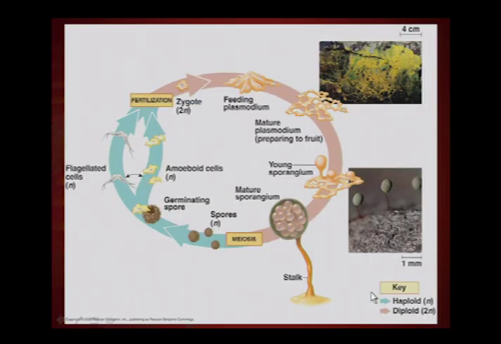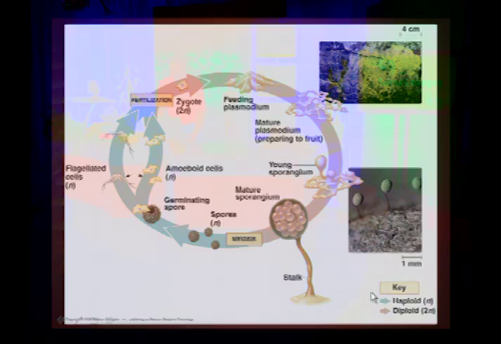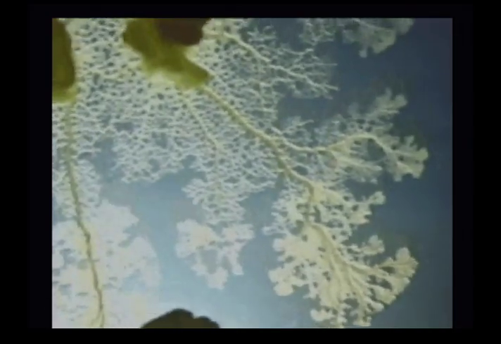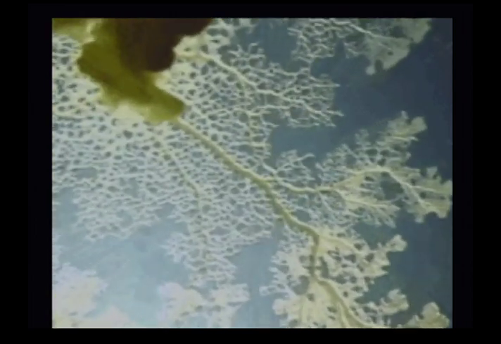Slime molds also at one time were classified with fungi, but have been separated out. And the slime molds are kind of interesting because there are two variations here, some that are cellular and some that are acellular. I'd like to show you the acellular slime mold and how they move here real quickly. These acellular slime molds do not have individual cells. They form what we call a plasmodium, which is just kind of like a shared cytoplasm.